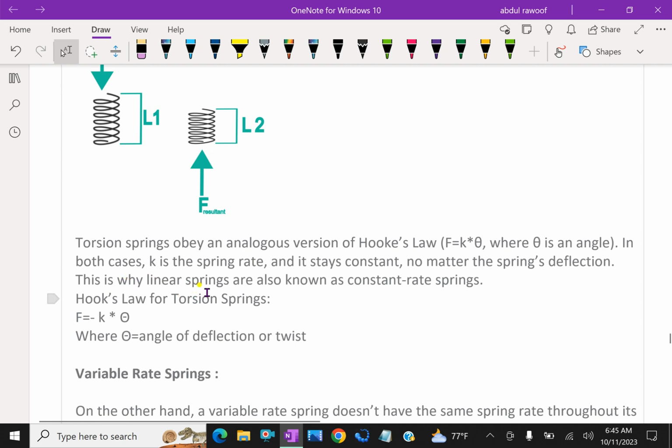Torsion springs obey the analogous version of Hooke's law, that is F equal to k theta, where instead of x we use theta, an angle. In both cases, k is the spring rate and it stays constant no matter the spring's deflection. This is why linear springs are also known as constant rate springs. Hooke's law for a torsion spring is F equal to minus k theta, where theta is the angle of deflection.